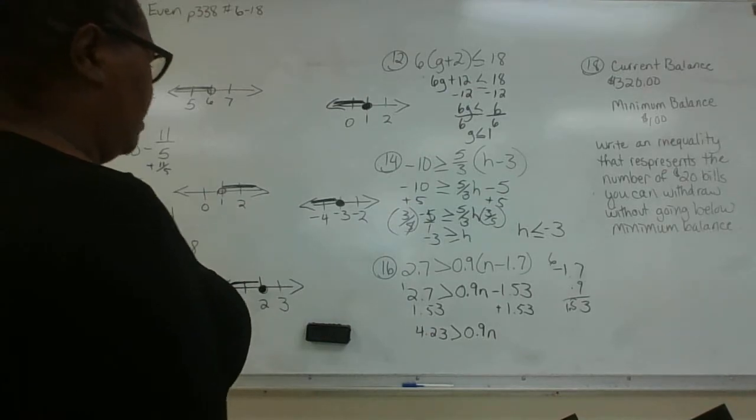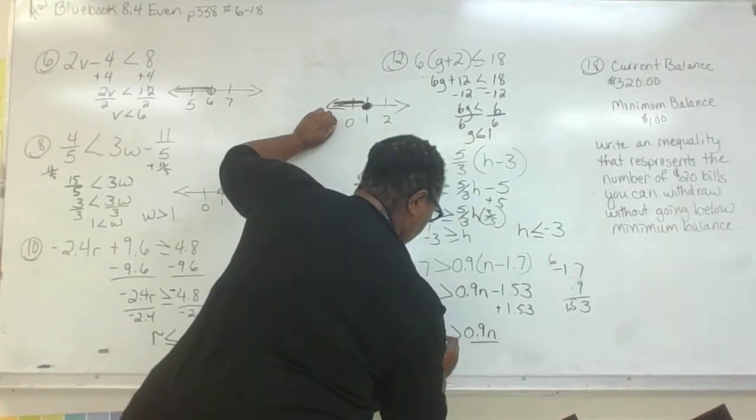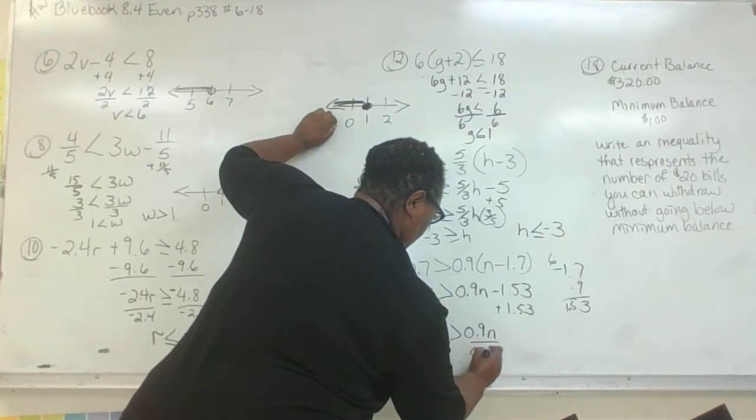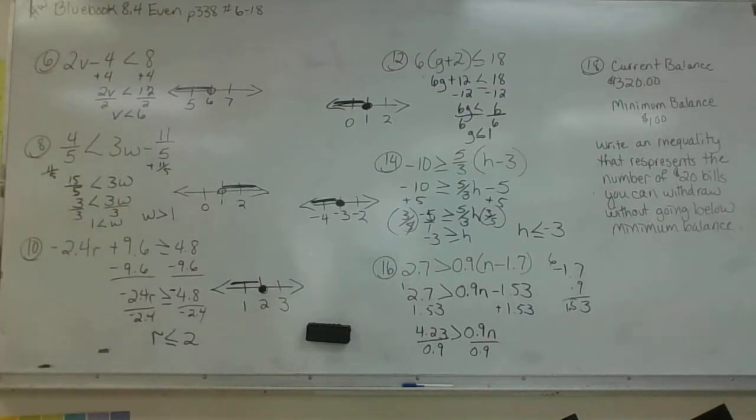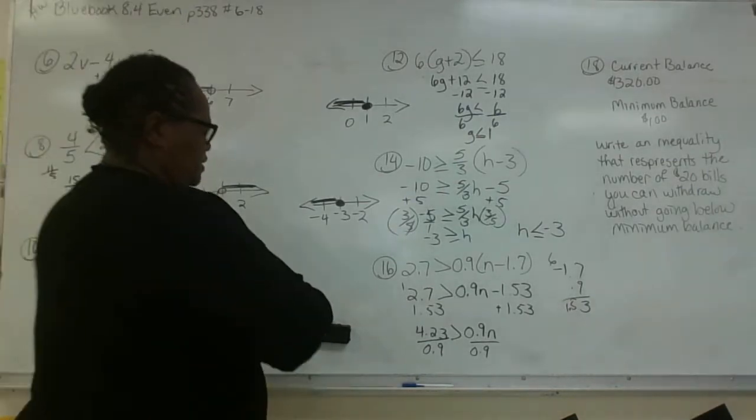Okay, and so now from there we want to take our calculator and we take 4 23 hundredths and divide it by 9/10, and our answer is 4 7/10.